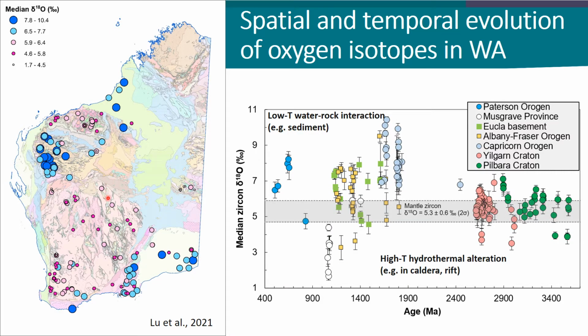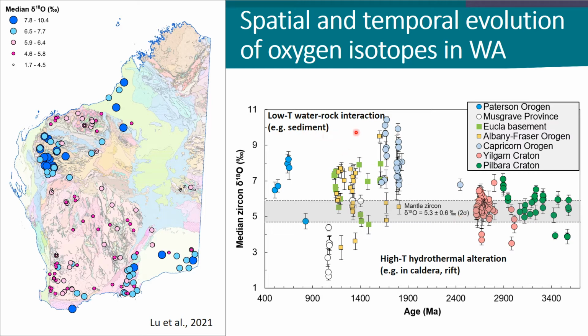The left panel here shows the spatial distribution of zircon oxygen isotope maps, color-coded by the median delta-18 oxygen values, away from primary magmatic compositions. The right panel shows the temporal evolution. Zircon crystallized from uncontaminated mantle-derived magmas has homogeneous delta-18 oxygen values, that is 5.3 plus or minus 0.6 per mil.